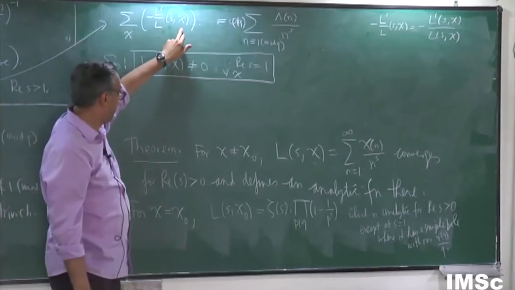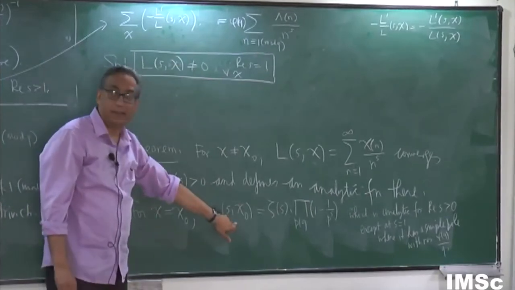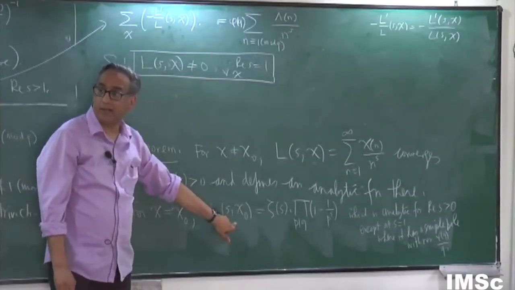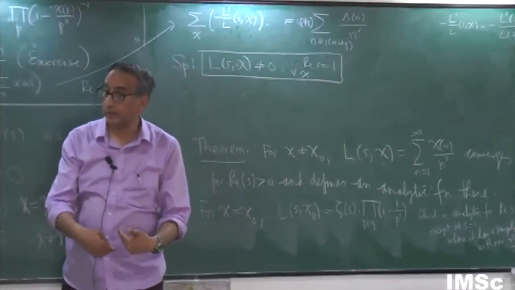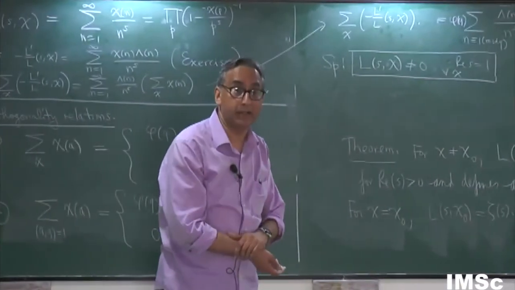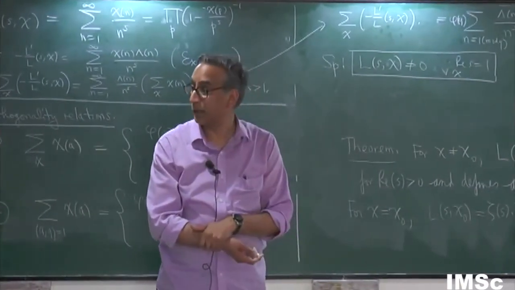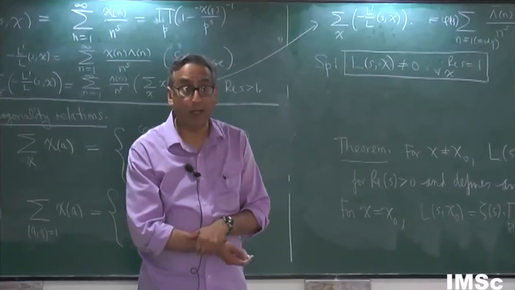And the character chi naught is really the zeta function, which of course we already studied before, and we know that zeta prime over zeta has a simple pole at s equals 1 with residue 1.